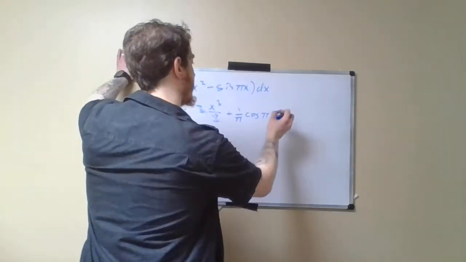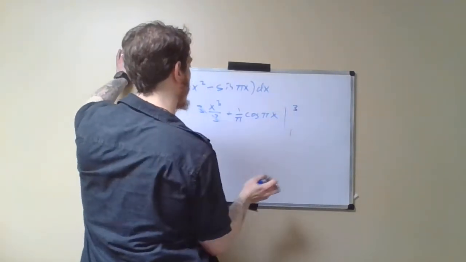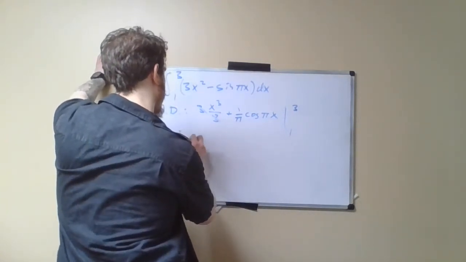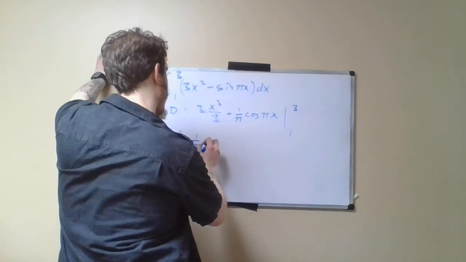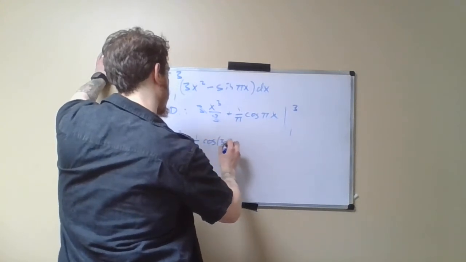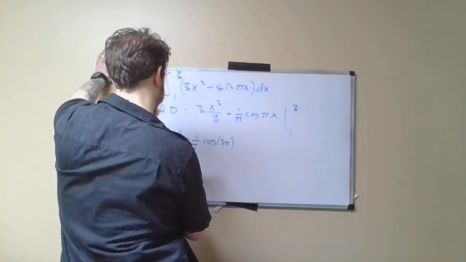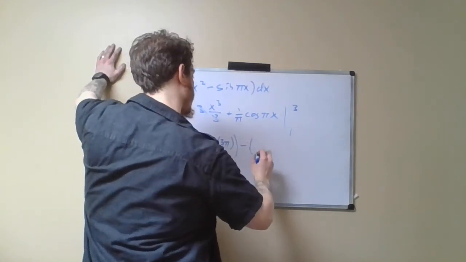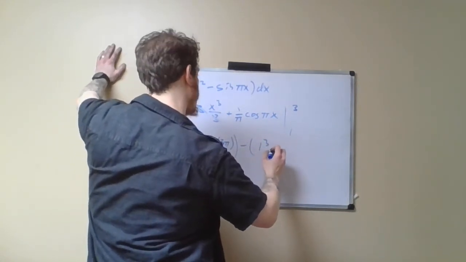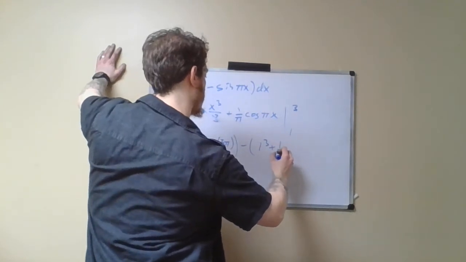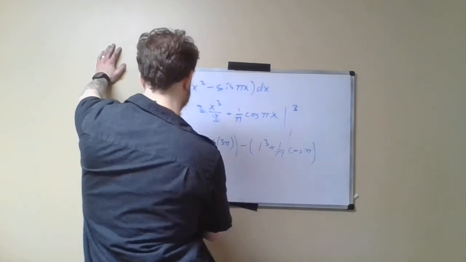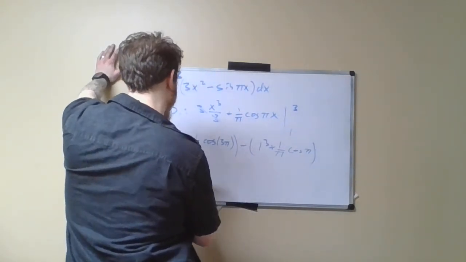And then I can evaluate this from 1 up to 3. So that's going to give me 3 cubed plus 1 over pi times the cosine of 3 pi, minus 1 cubed plus 1 over pi times the cosine of pi. And that's going to give me 27.